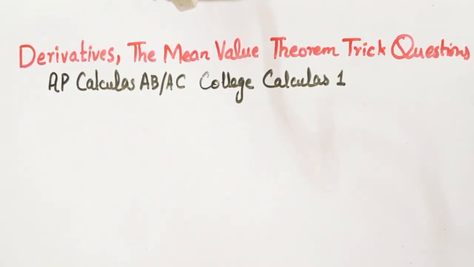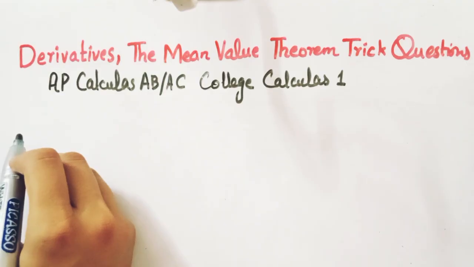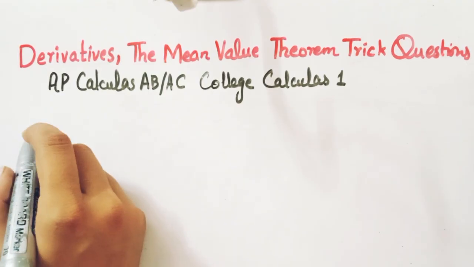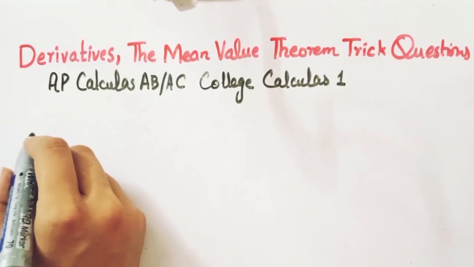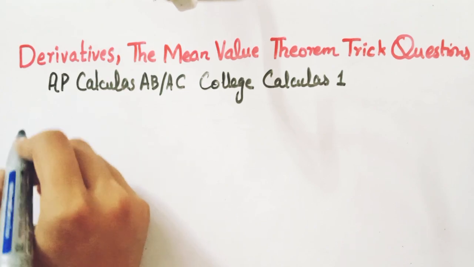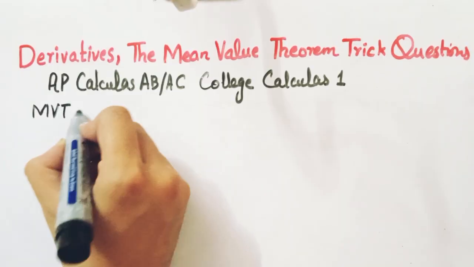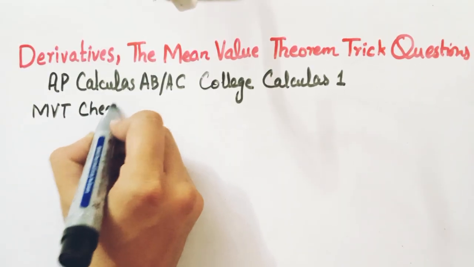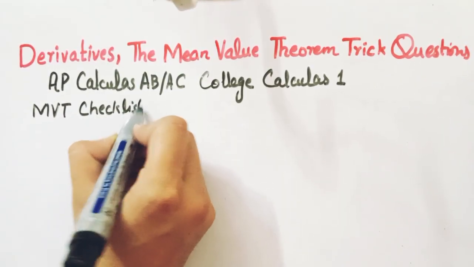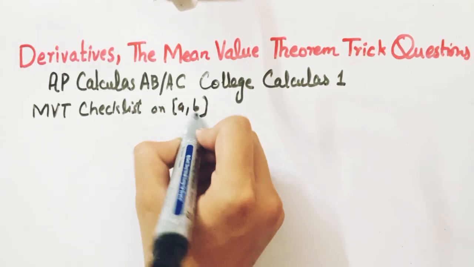We need to check the official theorem requirements, so write this here: mean value theorem checklist on interval [a, b].